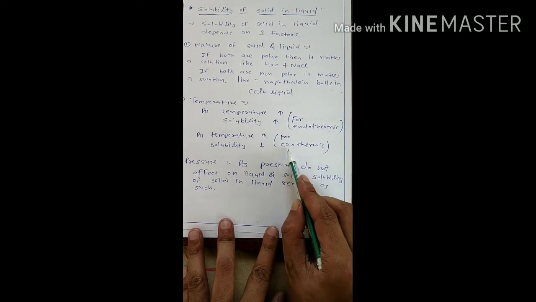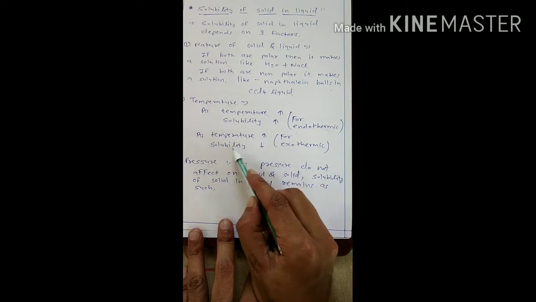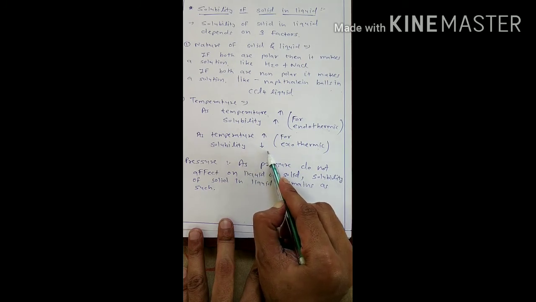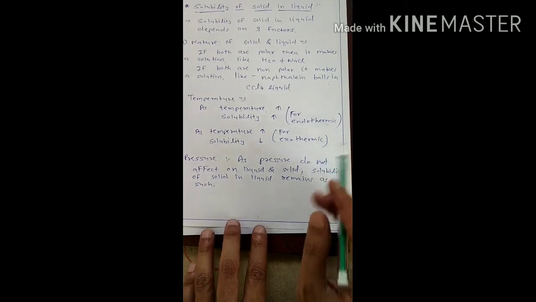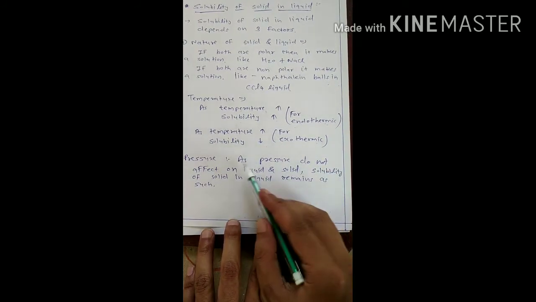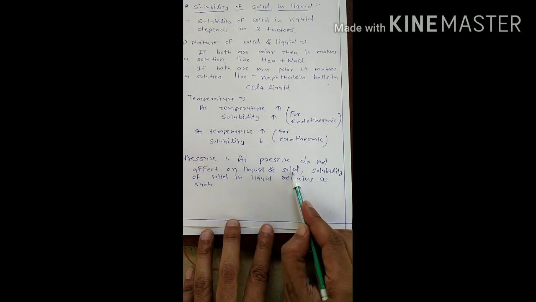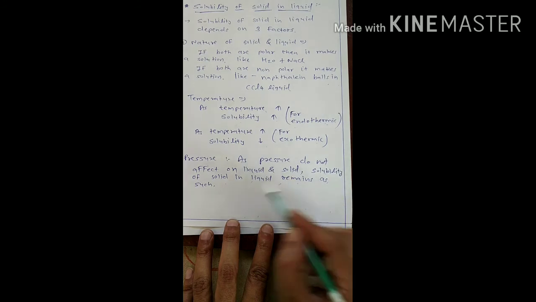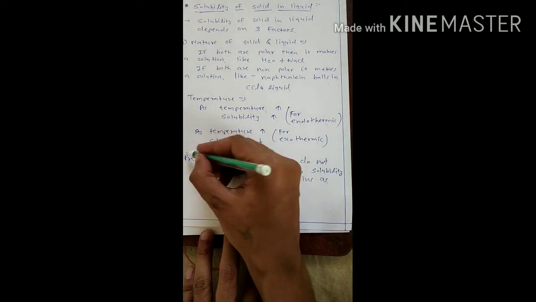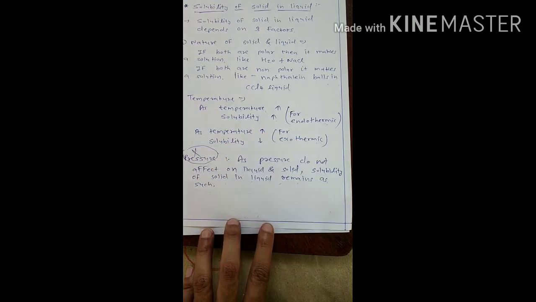And if the dissolution process is an exothermic process, then with increase in temperature, solubility decreases. And the third factor is pressure. Basically it's not a factor, because pressure does not affect liquids and solids. The solubility of solid in liquid remains as such. The pressure factor does not affect the solubility of solid in liquid.